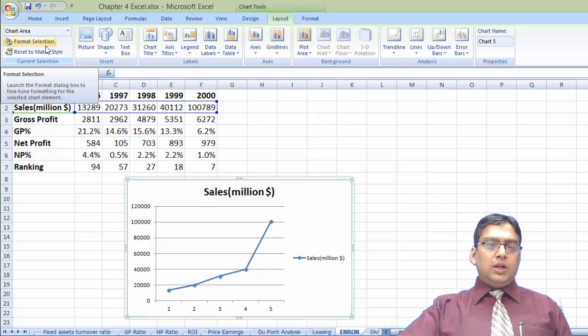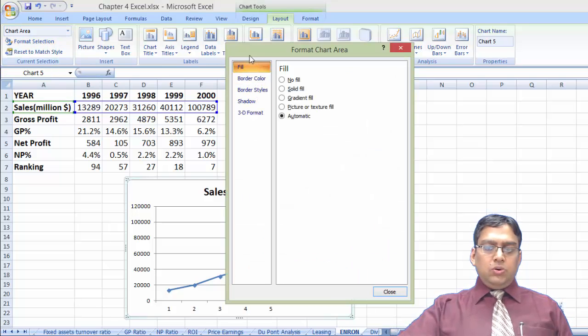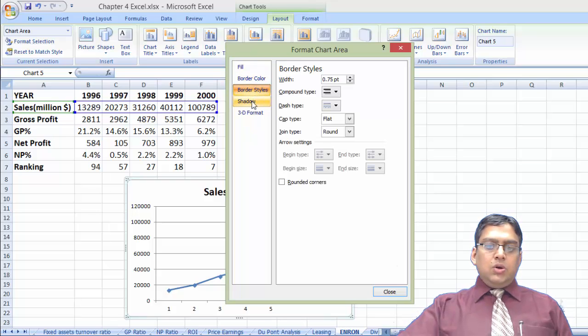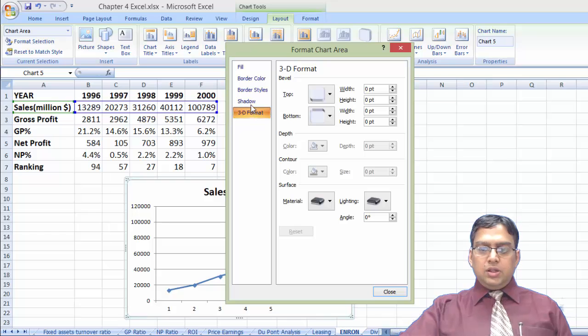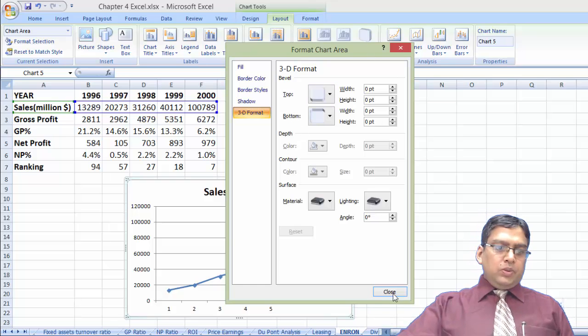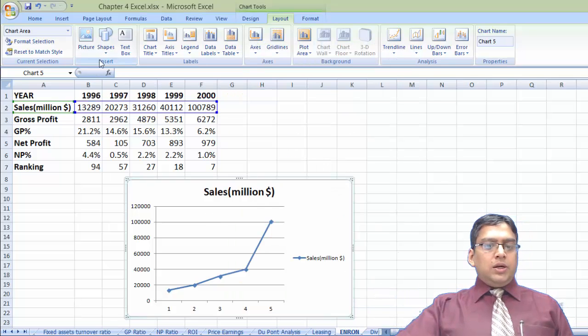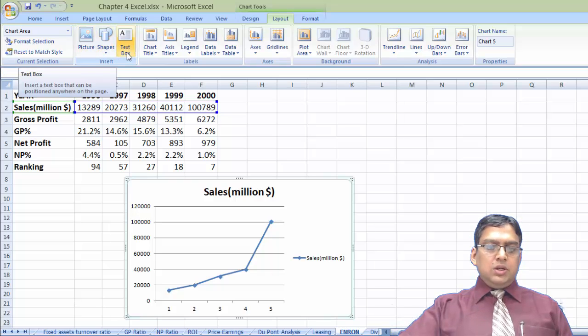Format selection, which format you can select in this window. Border color, border shape, styles, shade, those 3D formats. There are various formats available in this window. Then you can insert a picture, shapes, text box in your charts.